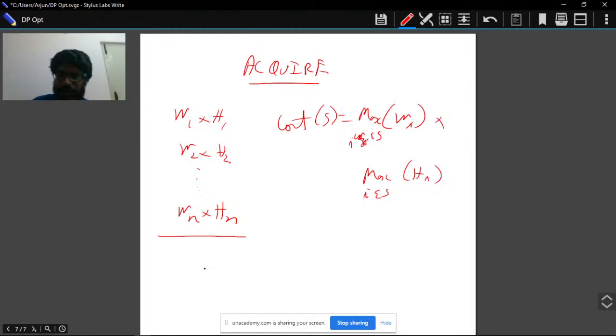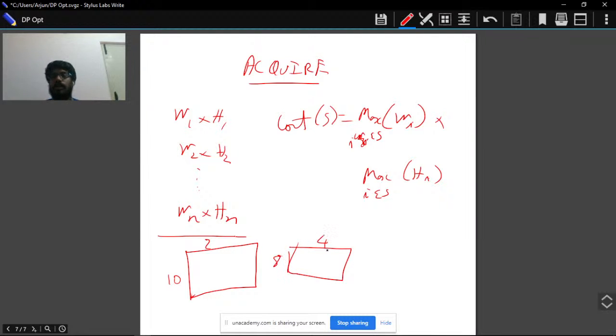The first pretty natural observation is that if I have a plot of some 10 cross 7, and another which is say 8 cross 4, that is 8 is less equal 10 and 4 is less equal 7, then whichever subset I'm choosing 10 cross 7 in, I'll choose 8 cross 4 in the same subset, and my cost is not going to increase, right?